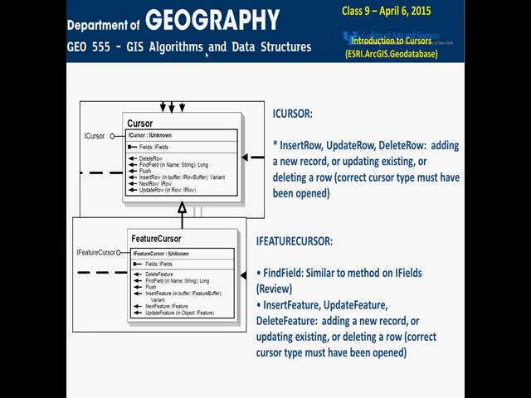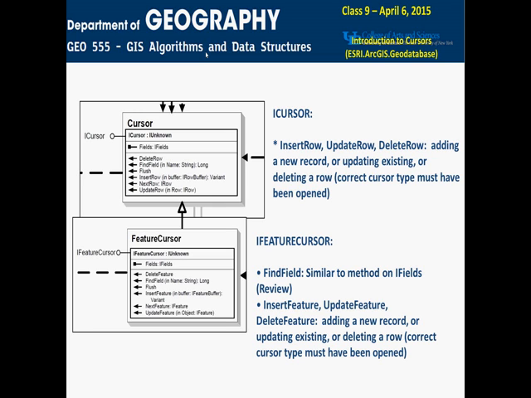Those of you that are in CIS and in computer programming and data management will maybe be more familiar with these type of things than core GIS types. But in a database, they call it CRUD sometimes: create, read, update, or delete are different things you can do to a database.